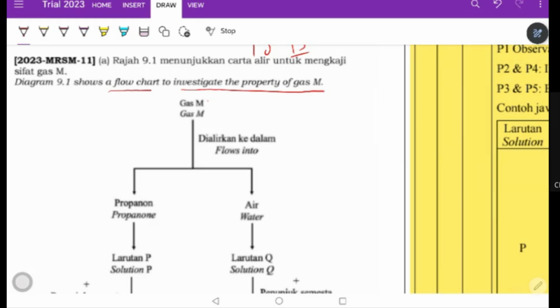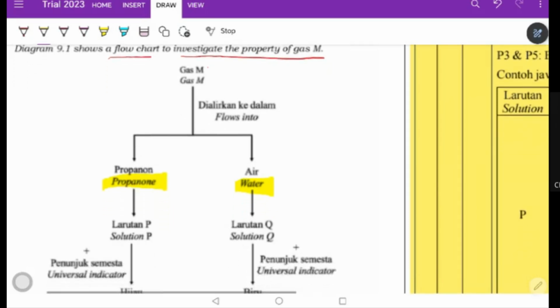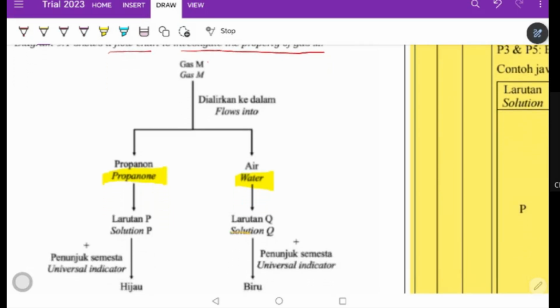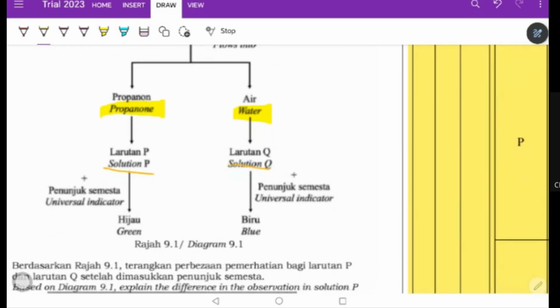So flow into propanol, an organic solvent, and into water. It forms solution Q and solution P. Then put in a universal indicator. This one turns to blue. This one turns to green.